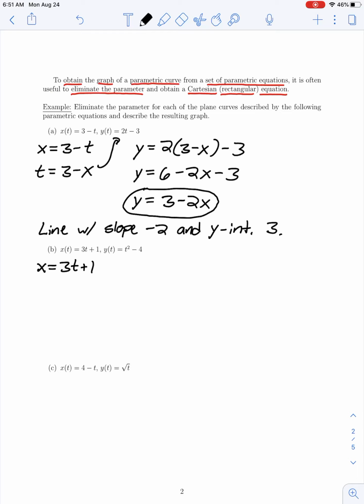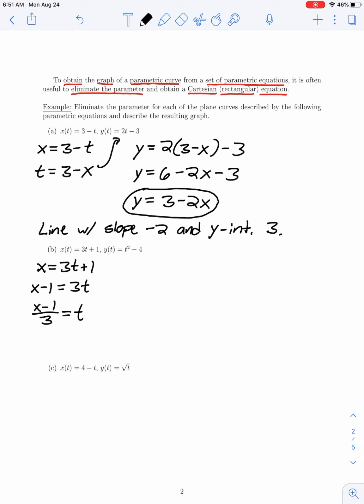So as with part A, if we solve the first parametric equation for t, we have x minus 1 is equal to 3t, or dividing by 3, (x minus 1) over 3 is equal to t.